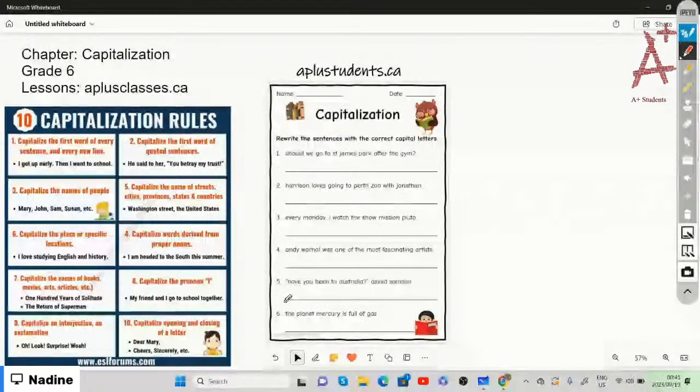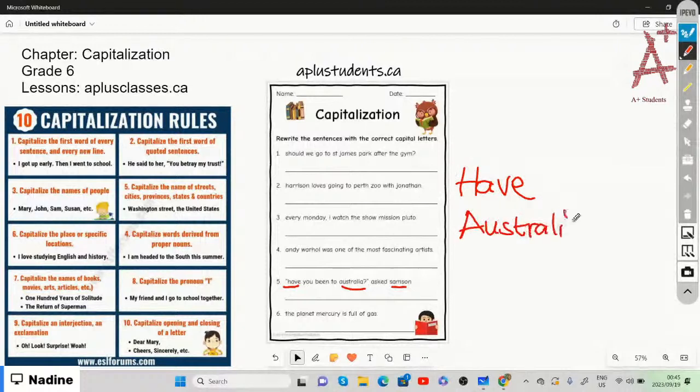So, have you been to Australia? The words that need capitalization are Have, Australia, Samson. Have, because it is the start of a sentence. Australia, and the name of a person, which is Samson. So these are the words that we capitalize within that sentence. And then the last one is the planet Mercury is full of grass.